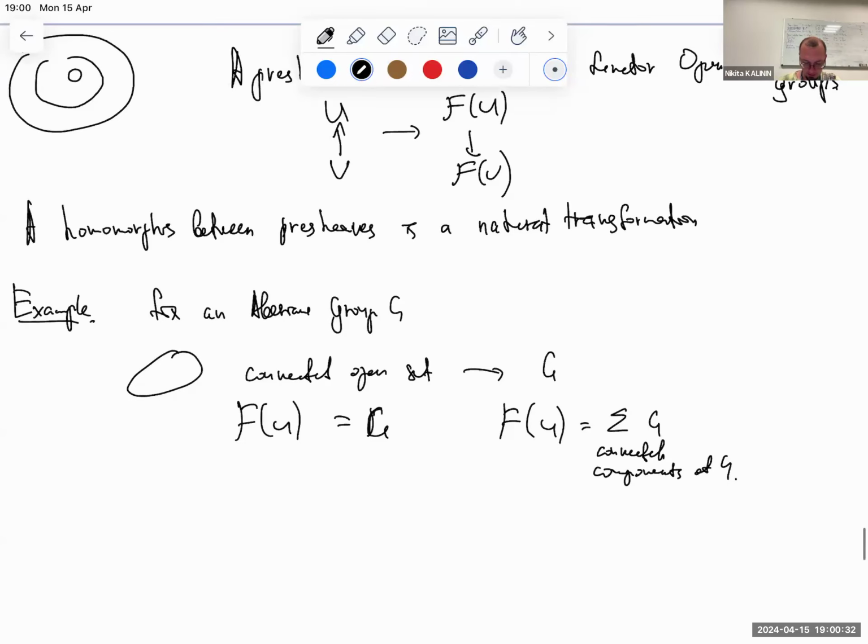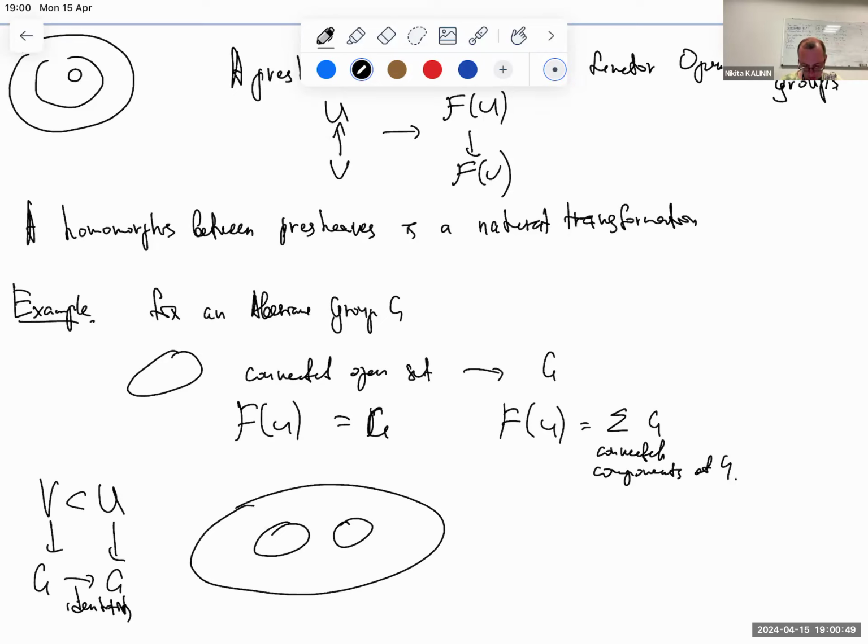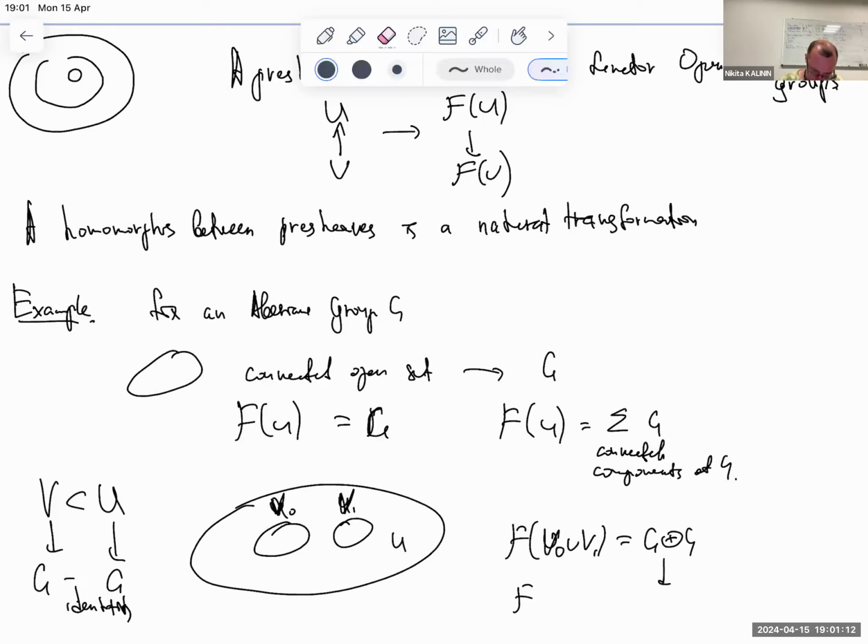So what we want, and we also need to have a morphism. So if you have V as a subset of U, here we have G, here we have G, just say that the map is identity. Right, and so for example, if you have just two open sets inside of a big open set, so here you have V0, V1. Here you have U, then F of V0 union V1 is just G plus G. Well, and send it from F of U, right?